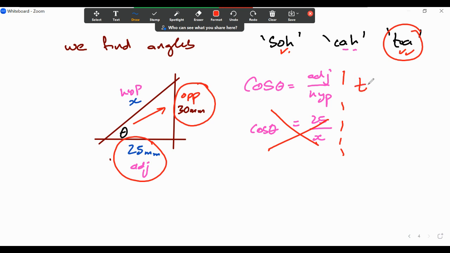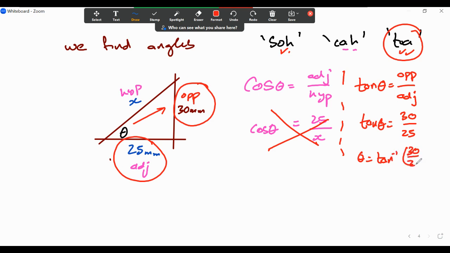Using tan. So if I go tan theta, it's going to equal opposite over adjacent. And so tan theta is going to equal 30 over 25. And so theta is going to equal shift tan 30 over 25. We then put that on a calculator.